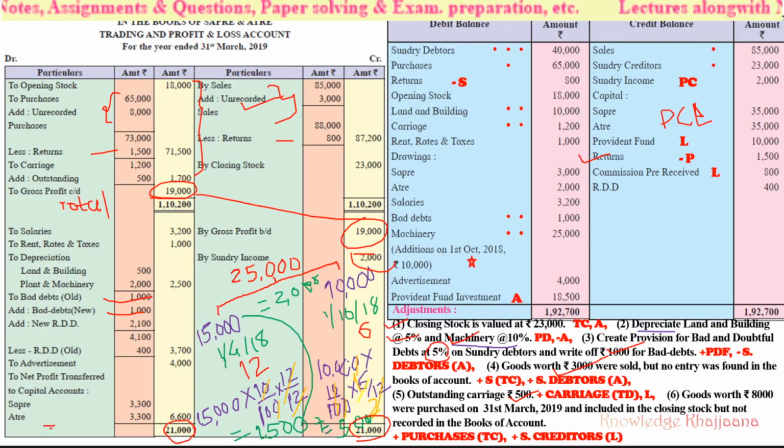But we cannot make the total and we cannot arrive at the value of net profit till we have completed the new RDD. We cannot calculate the new RDD unless and until we have calculated the sundry debtors. All the adjustments and postings we have done, but we are still stuck with the calculation of the new RDD. Rest of all the calculations we have done.